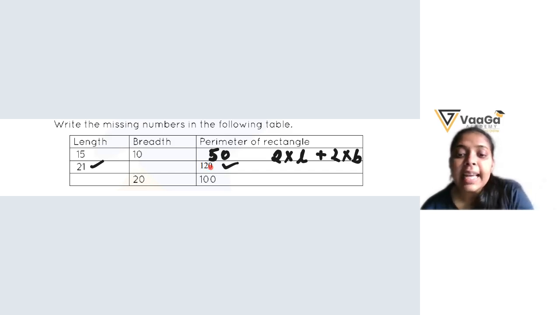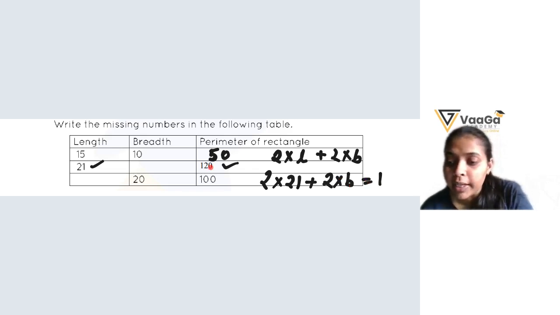Can you tell me what length is given as? 21. So can I write 2 times 21 plus 2 times b? Breadth I need to calculate is equal to 120. Yes. Now what will I do?